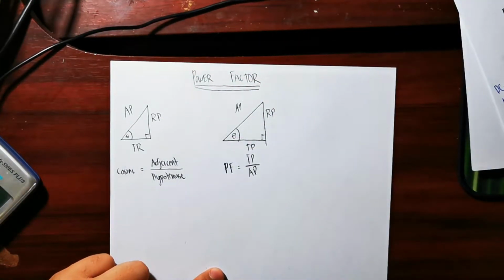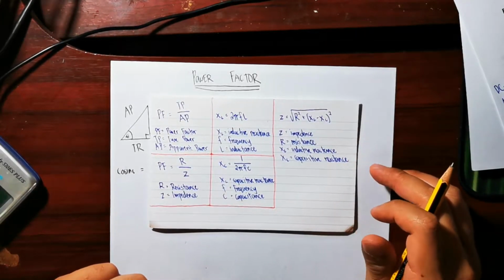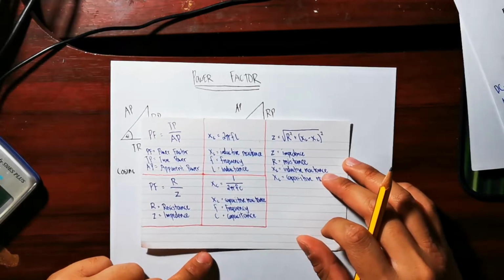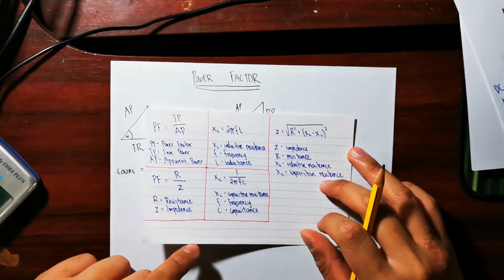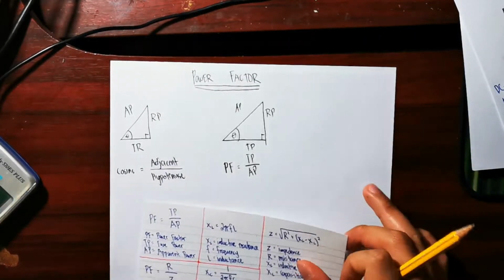So here are some formulas that we will be needing in solving for the power factor. Yes, these are a few of the formulas. And now I will give an example.